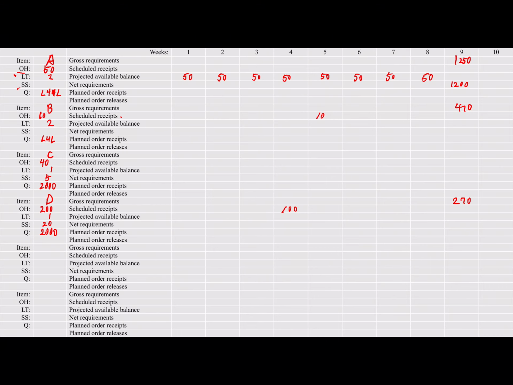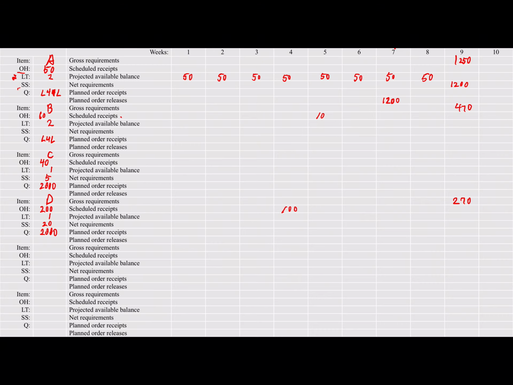When do I need to order it? I need to order it at week 7. So why week 7? Because the lead time is 2 weeks. So we write down this 1200 at what? Plan order release. That's why we write here 1200 plan order release: 2 weeks before week 9, week 7.